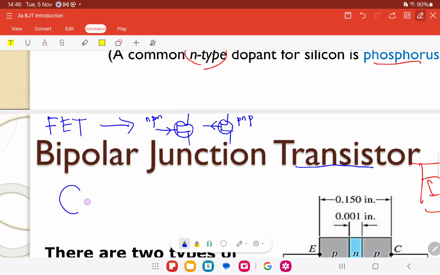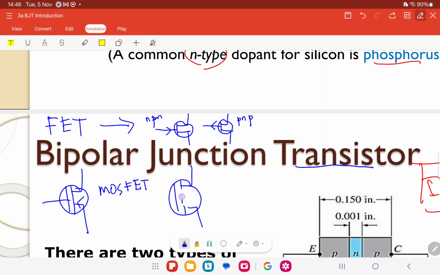Another one is MOSFET. Okay, this is MOSFET, Metal Oxide Field Effect Transistor. Selain daripada tu, there is also MESFET, Metal.